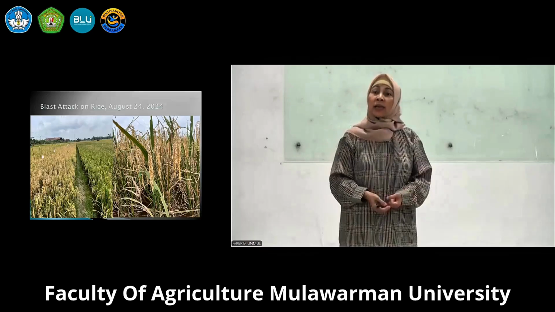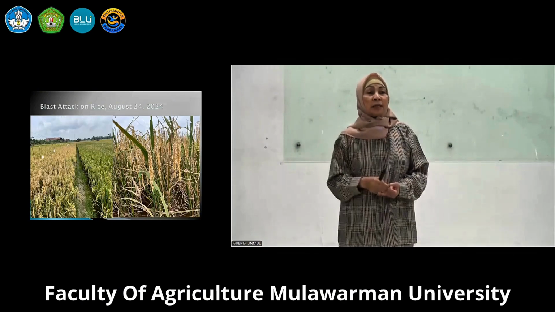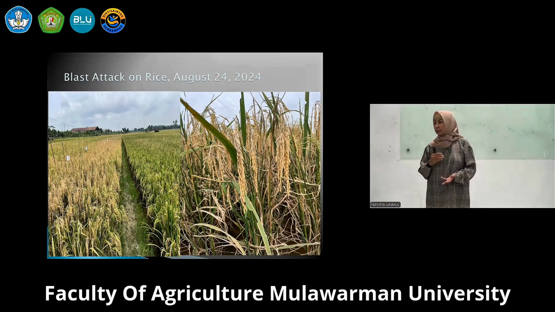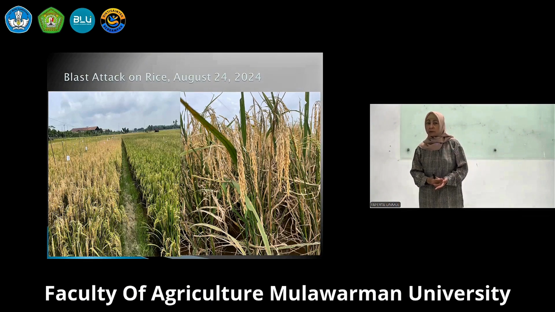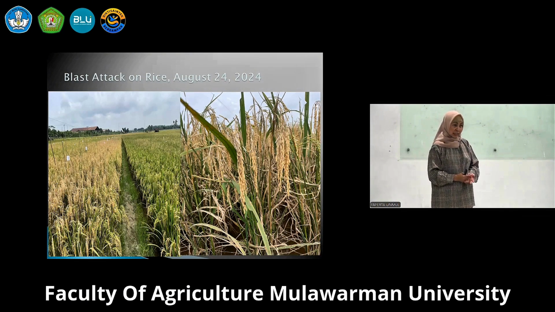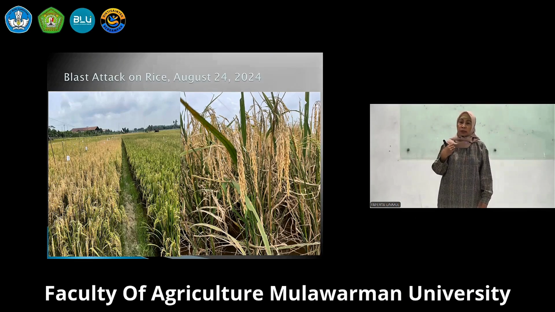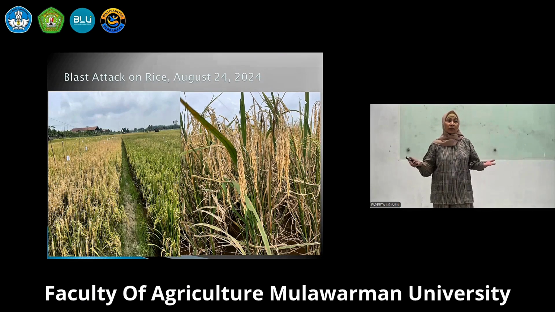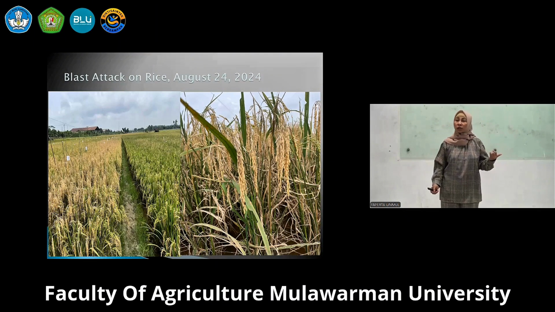The problem at that time was not only rain and hot weather but also wind. It happened for only 2 days, and then the farmer informed me that almost all of his plantation got blast disease. You can imagine, blast makes the hulls empty, so of course it reduces production a lot. That's why the farmer was really worried and called me.